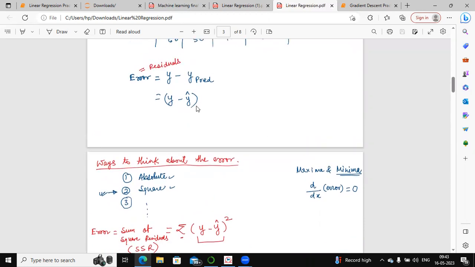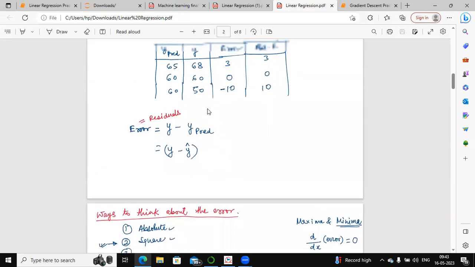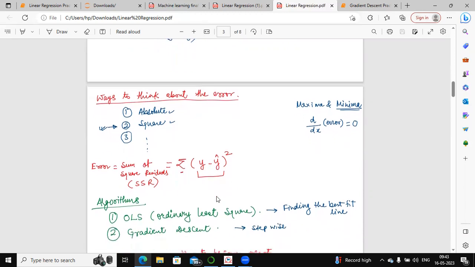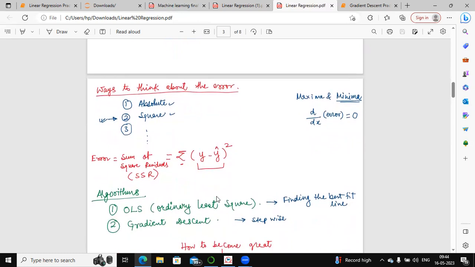The differentiation of the absolute value becomes zero, but when you square it, you get a minima. The differentiation of the squared error is not zero, it is differentiable.